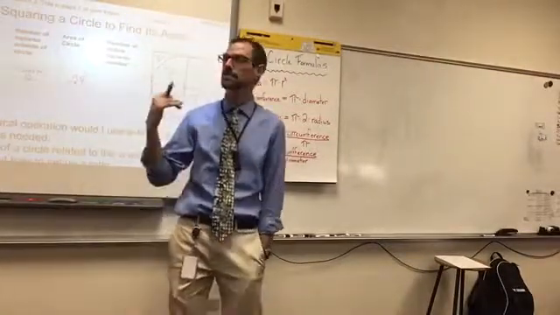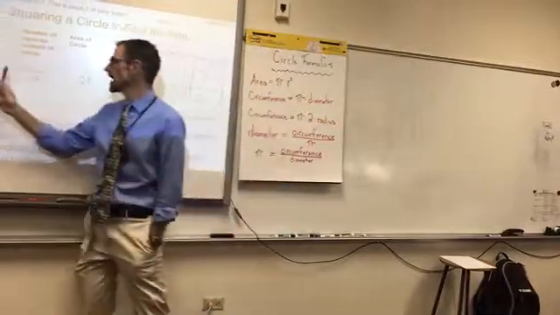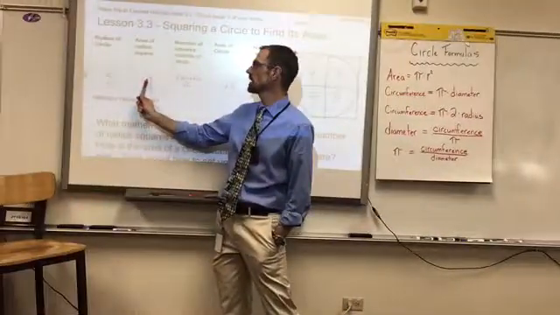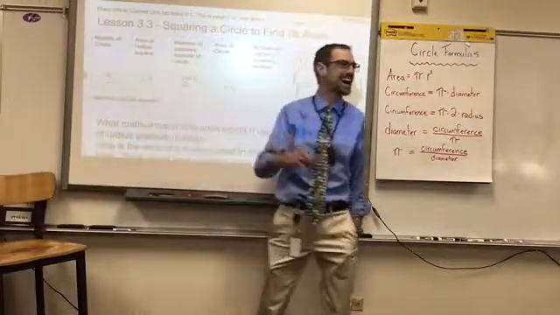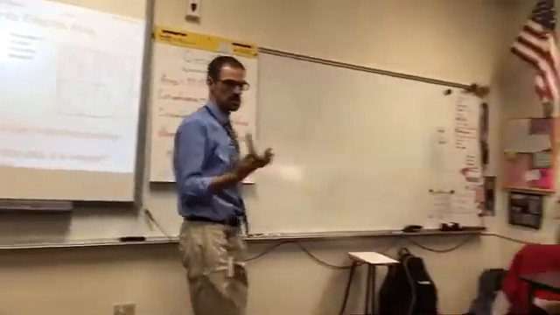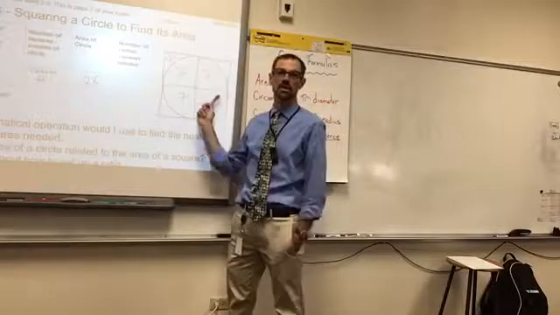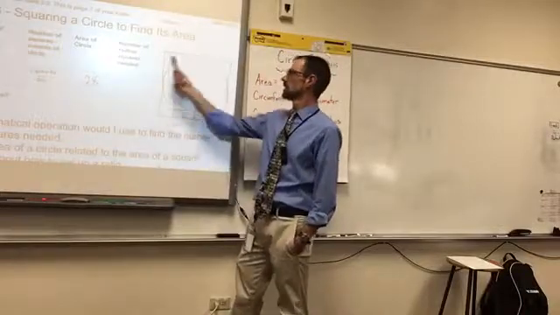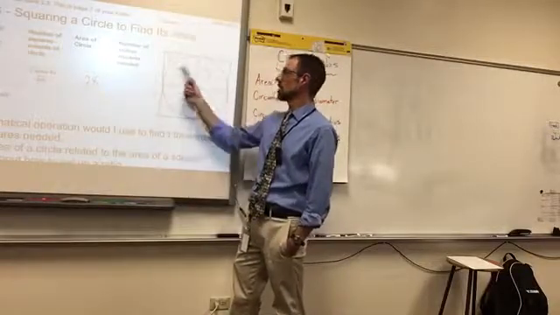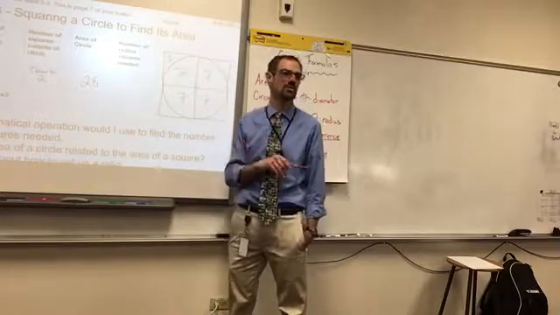So now, we know that the area of 1 radius square is 9. Correct? And we have 4 radius squares that would partially or fully cover our circle.